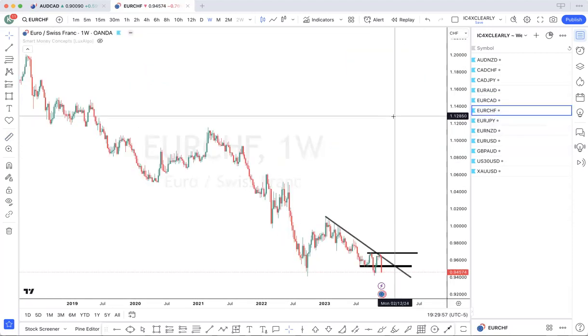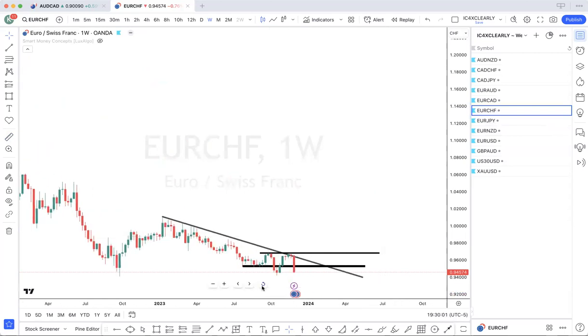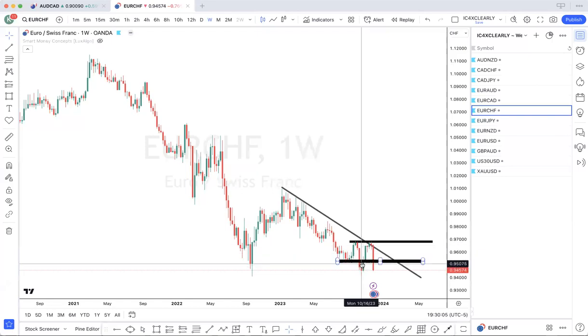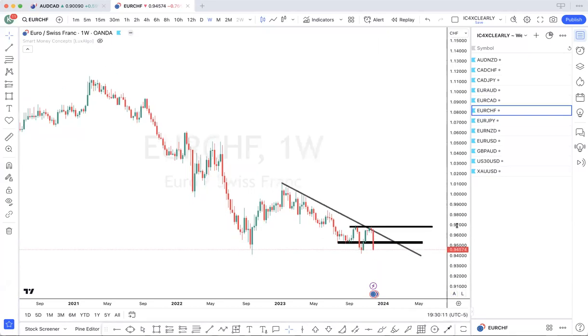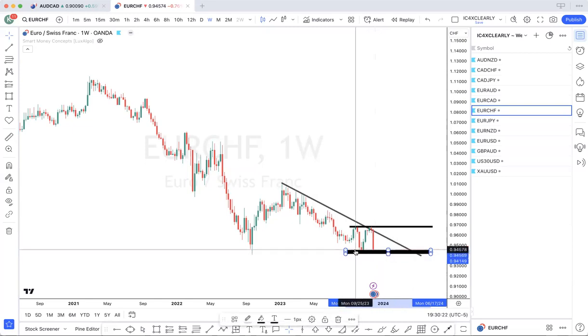Next we have Euro Chef. I forgot to delete this. But as we can see, price broke, came back to a trend line, and then sold back down. So now this is my zone. This would be my zone here. Okay.